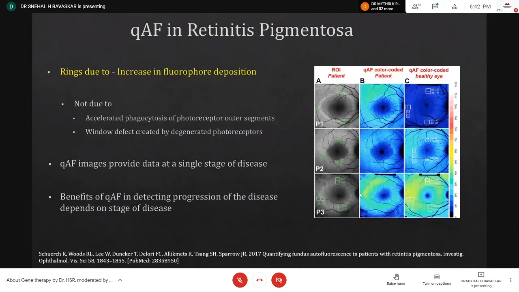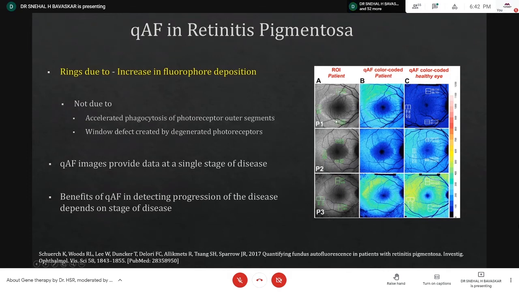So the benefits of quantitative autofluorescence in RP basically depend on the stage of the disease. Here, this is taken from a study of quantifying fundus autofluorescence in patients with retinitis pigmentosa. There are 3 patients here, P1, P2, and P3. If we compare patient P1 with P2 and P3, the classical Robson Holder ring is very well seen as compared to these 2 patients.